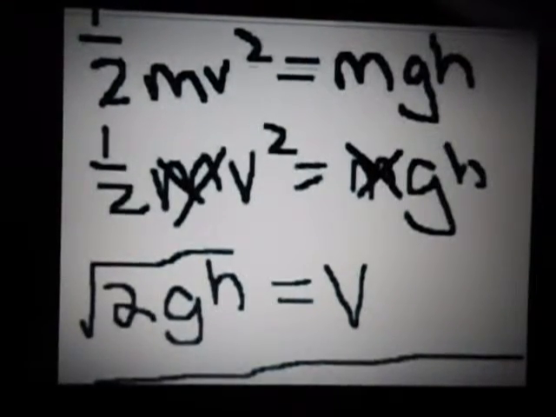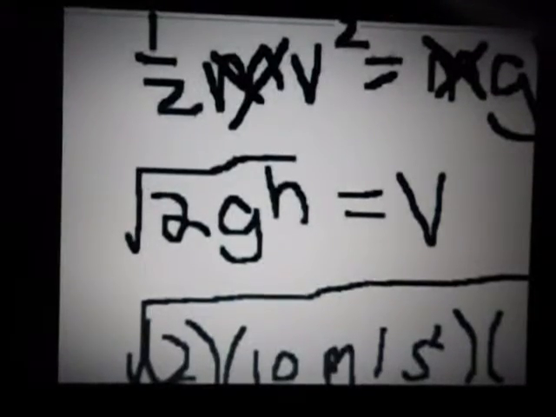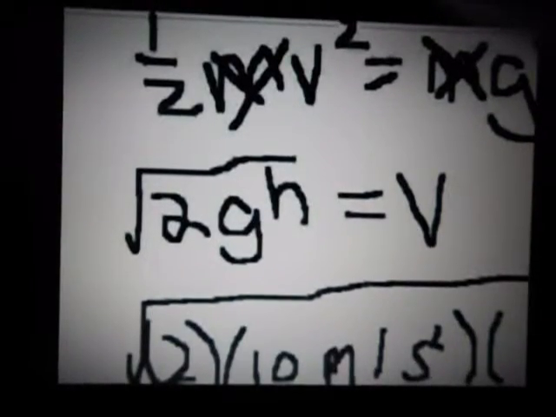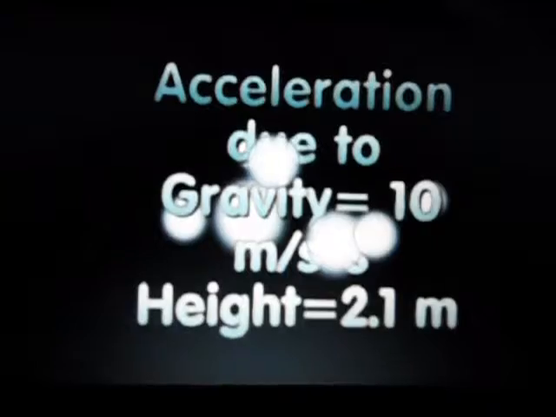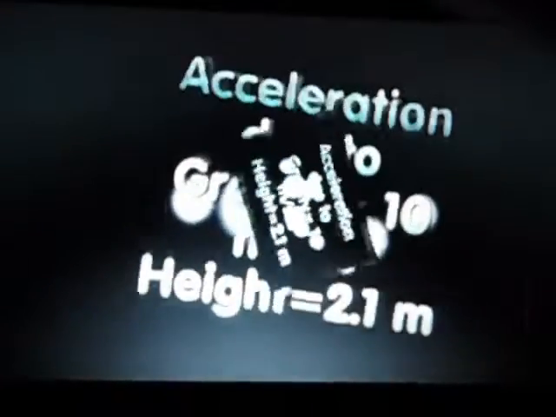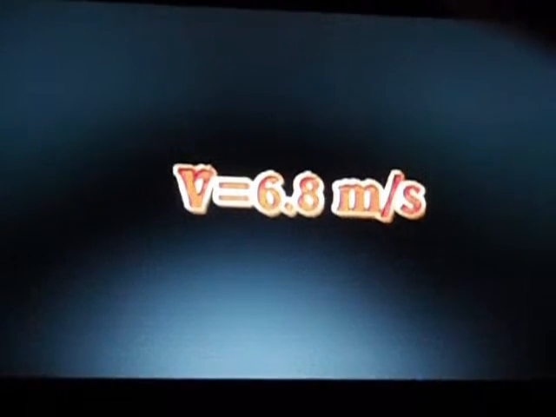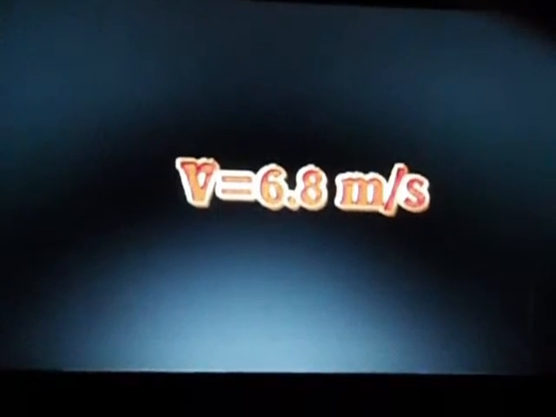When you set those two equal to each other, the masses cancel out, and you are left with gravity times height equals 1/2 velocity squared. Manipulating this will give you radical 2 times gravity times height equals velocity. Gravity equals 10 meters per second squared, height equals 2.1 meters, and when you solve, you find that the velocity is equal to 6.8 meters per second.